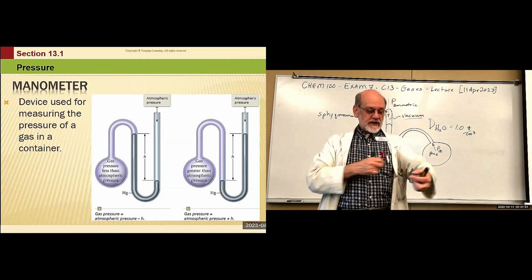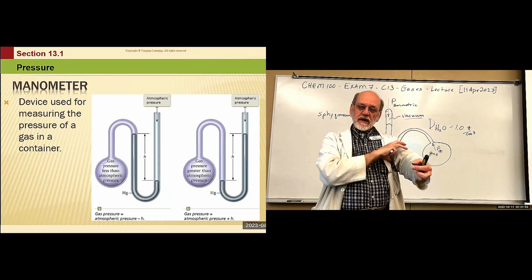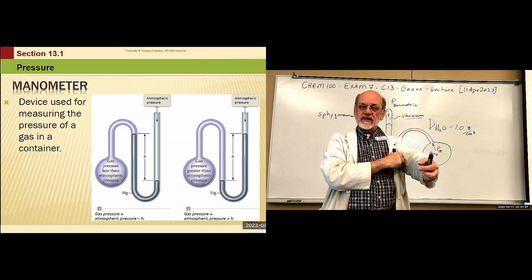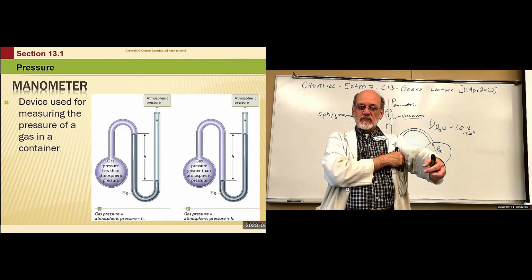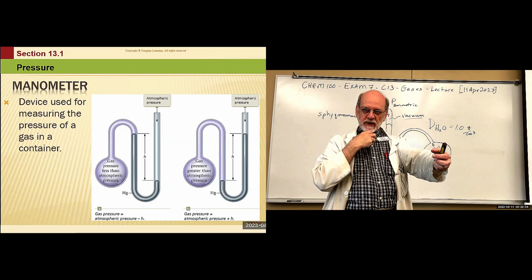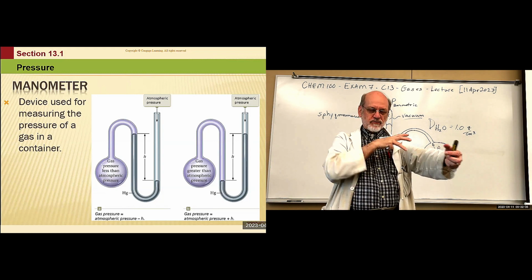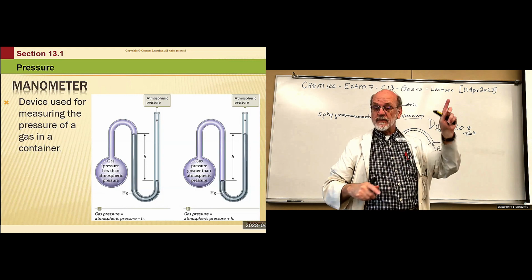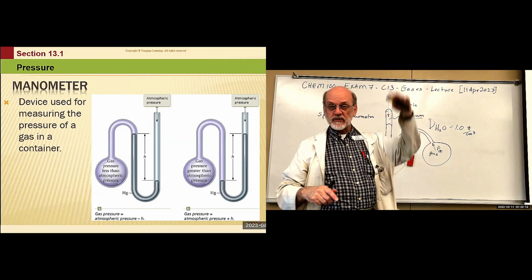What it would do was this bladder would respond to the pressure changes in your brachial artery. When the heart pumped hard, it would press on that gas bag and it would register in the manometer. You see the mercury.